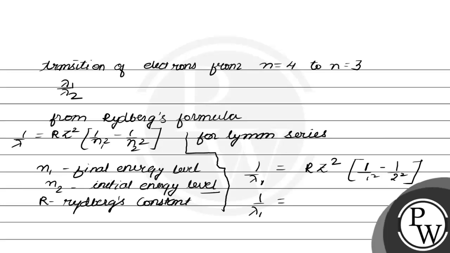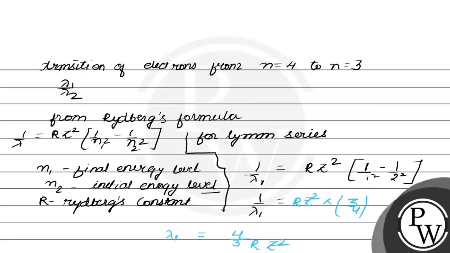So 1 upon lambda 1 equals R into Z square. On calculating, this will be 3 upon 4. So from here we can write the value of lambda 1 as 4 upon 3 R Z square.